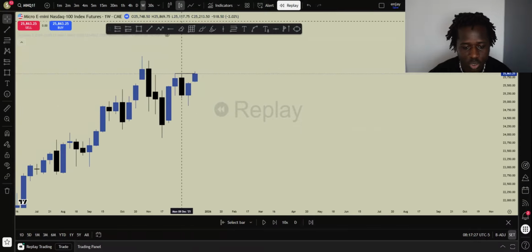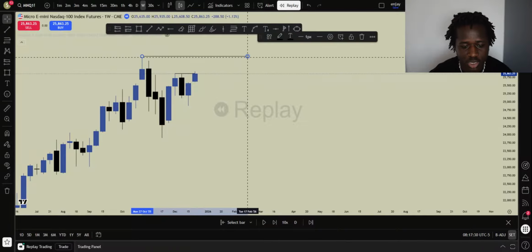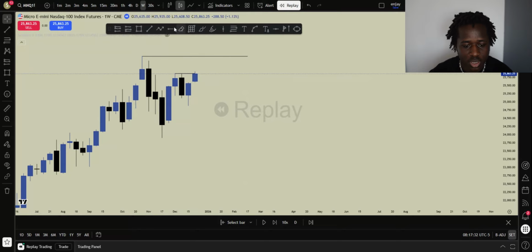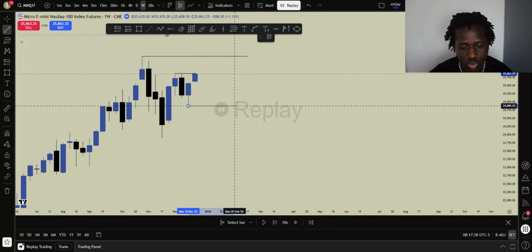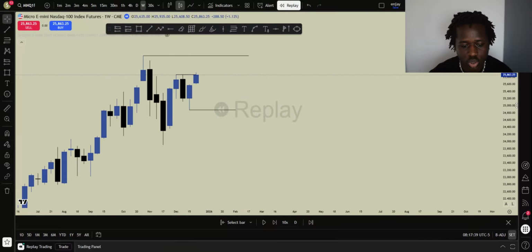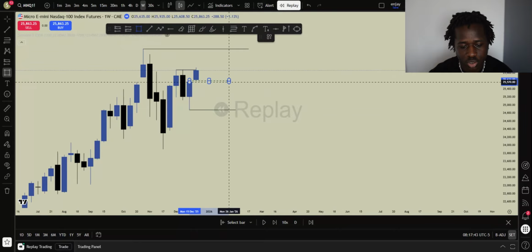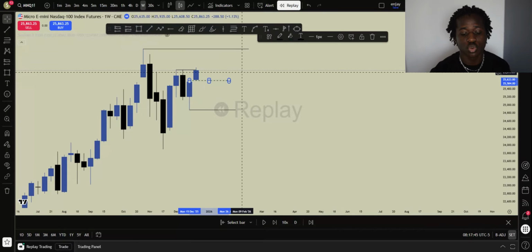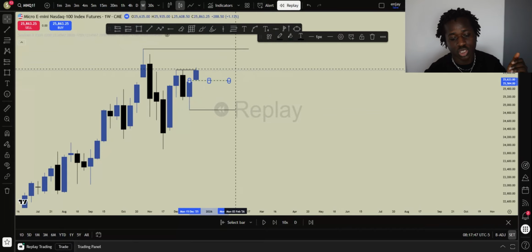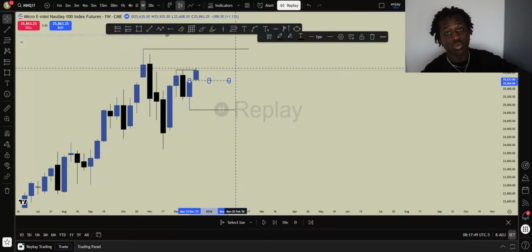However, there is a possibility that price could still just push higher to take out these highs, but the likelihood is that price will push lower to take out this level. And we also need to consider that below here we have a volume imbalance. So these are good liquidity pools that price is likely to return to before moving higher or before moving lower.